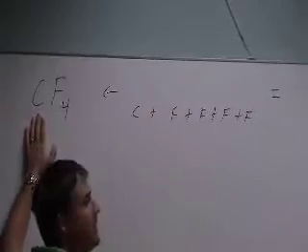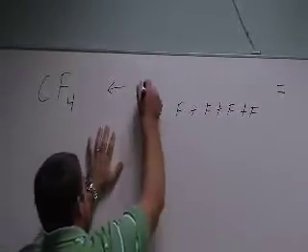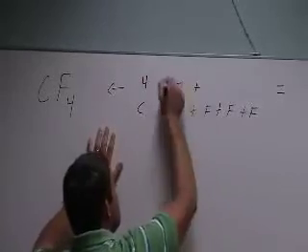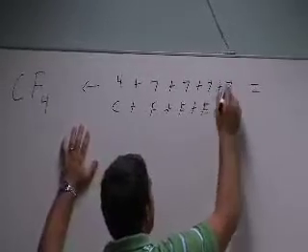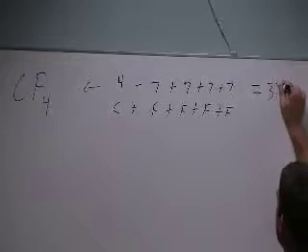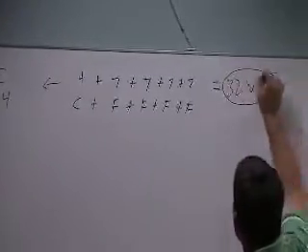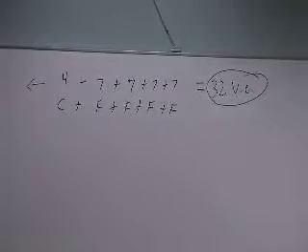How many valence electrons does carbon have? 4. Wonderful. How about fluorine? 7. So how many is that total? 28 plus 4 is 32 valence electrons. Is there anybody confused about how you would do step 1 in getting the picture of the compound?